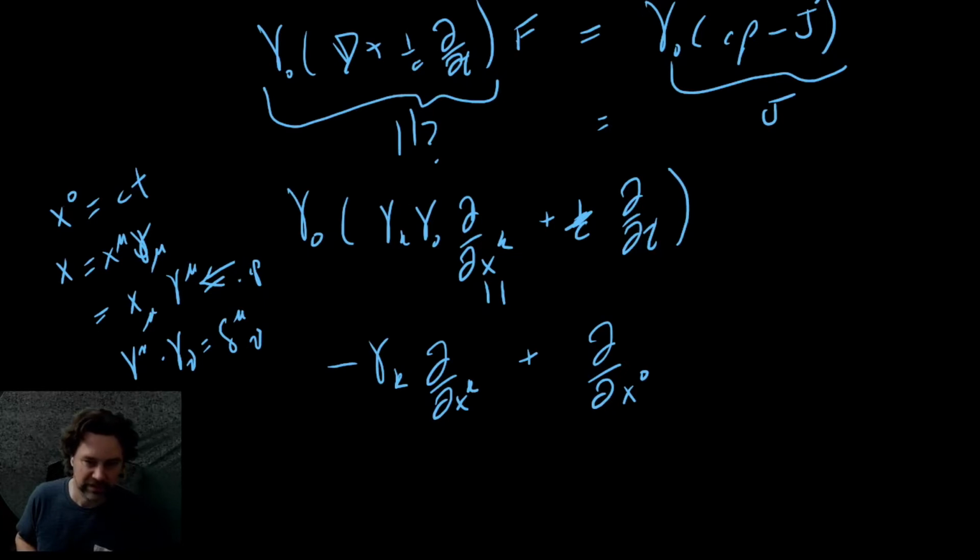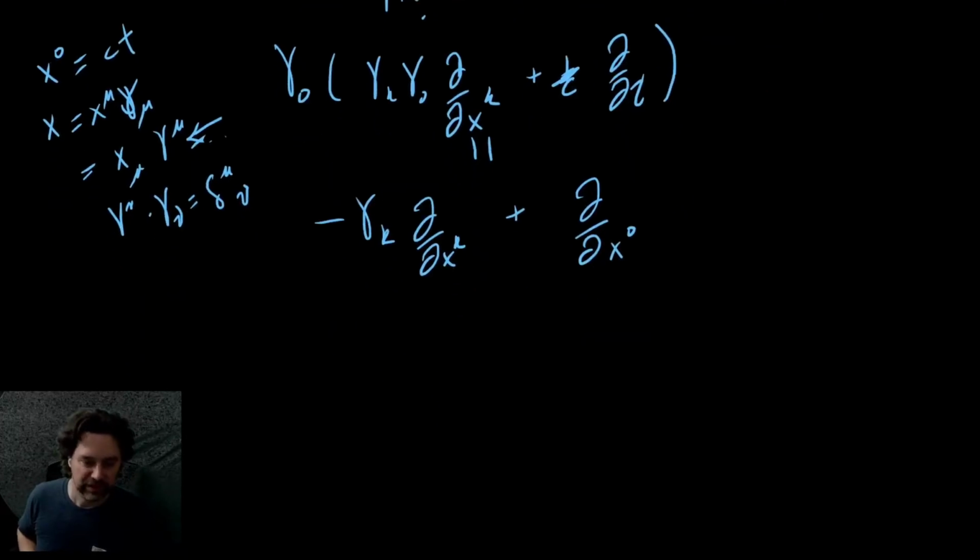I'll write that out, I don't have enough space. So gamma upper mu is one of our reciprocal frame basis vectors, and really reciprocal coming from inverse. So let's specifically look at this. If we have gamma k, then gamma minus k is in fact 1 over gamma k.